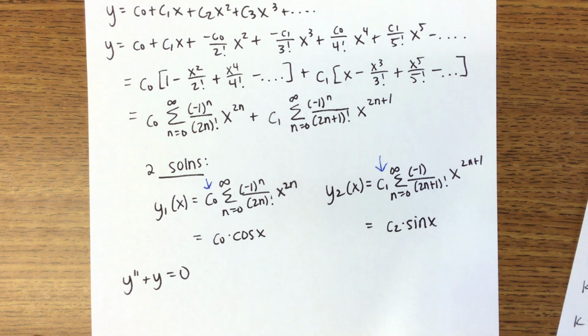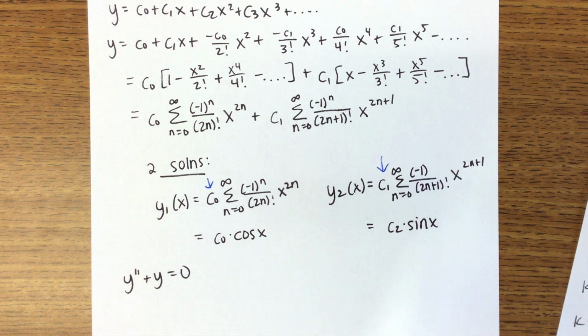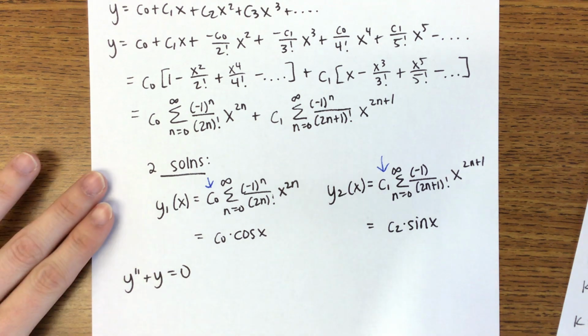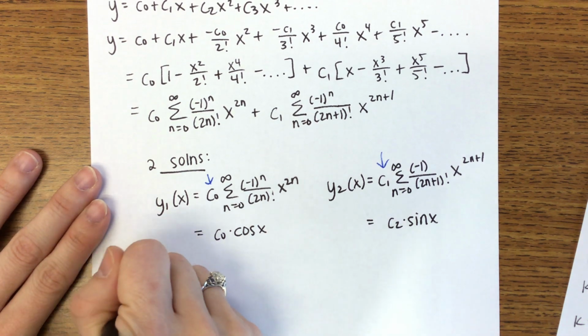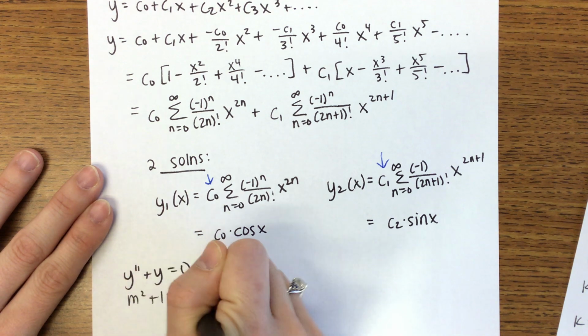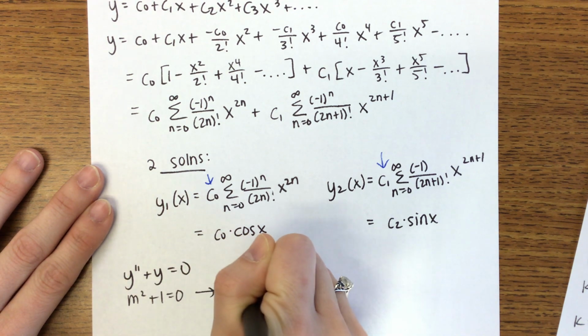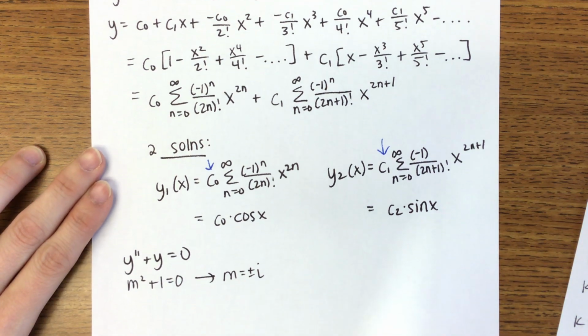And then just as a fun reminder, how would we solve this? So this is a throwback to last unit. It's homogeneous, it's linear. So this is one where you would look at that auxiliary equation. We would do m squared plus 1 equals 0. So our m is plus or minus i.